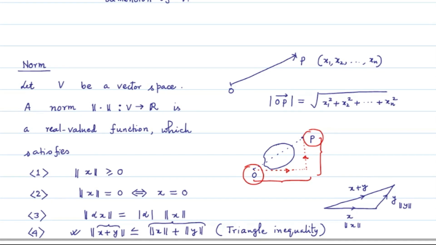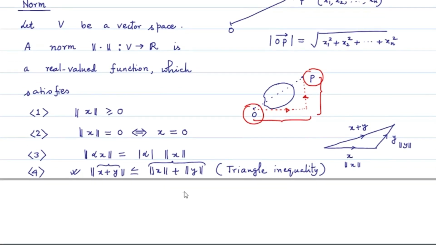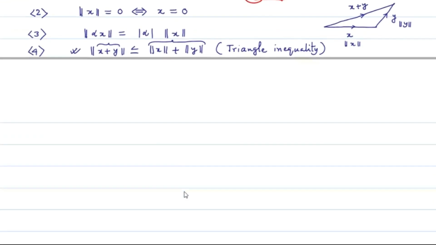A vector space capital V together with a norm defined on it is called a normed space.